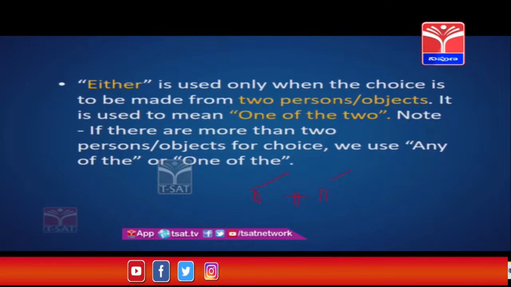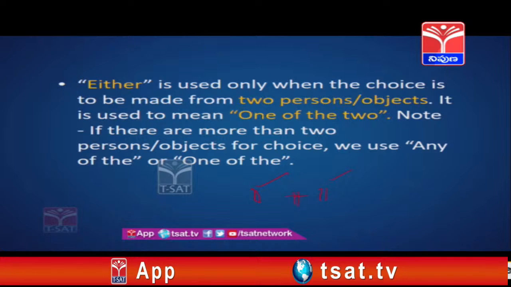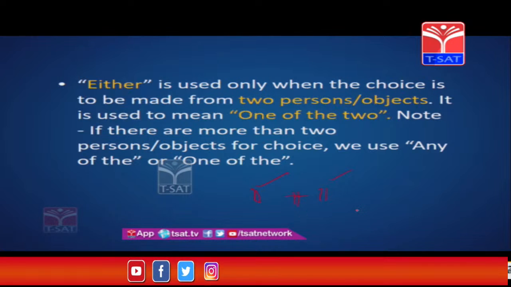It is used to mean one of the two. Either of the girls can join me, can come along with me. Either of you can do this work. That means out of two, anyone can do it.